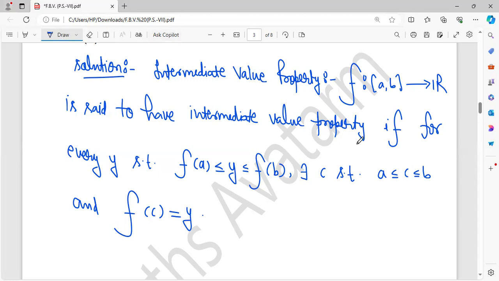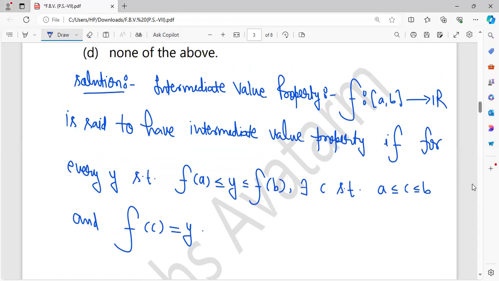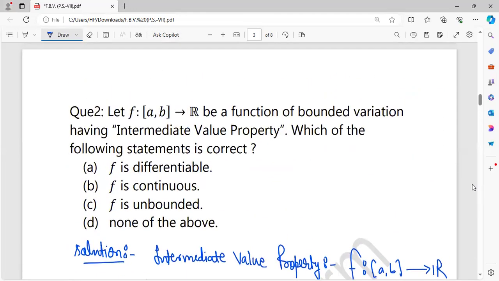Every continuous function has this property.